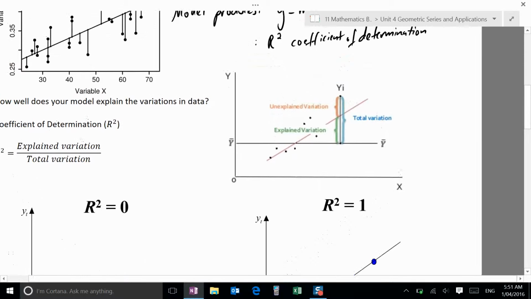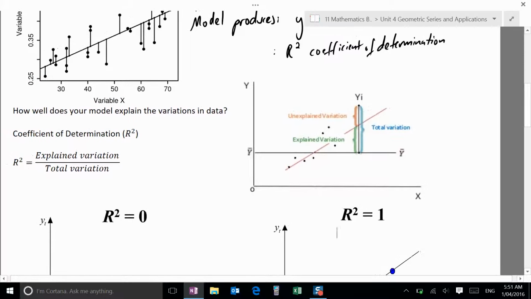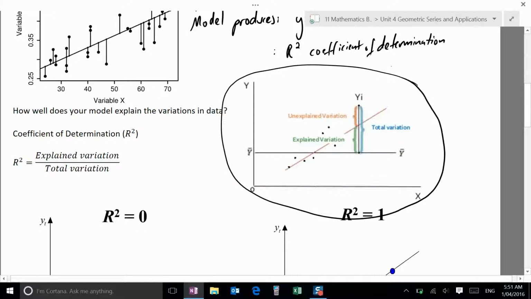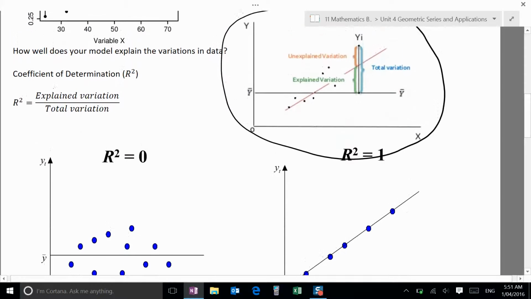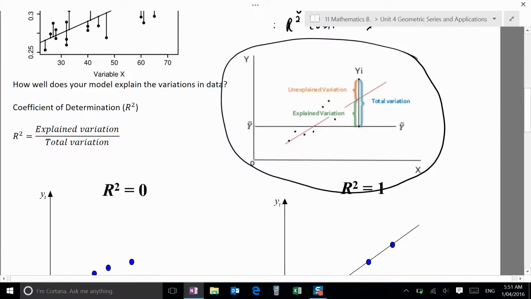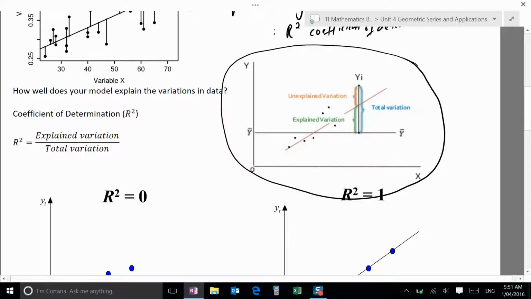Just to solidify this idea of the R-squared, most of our models are going to look something like this one, in that we've got a whole heap of data points and our line of best fit goes through them. It doesn't exactly fit all of the data points. There's a bit of variation. It could be experimental variation, or it could be that our variable here doesn't explain all of the variation in the data, and we'll look at that in a few examples.